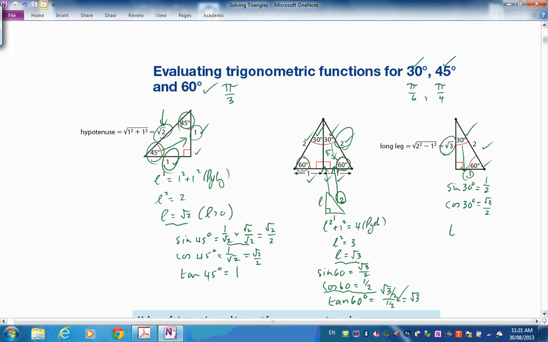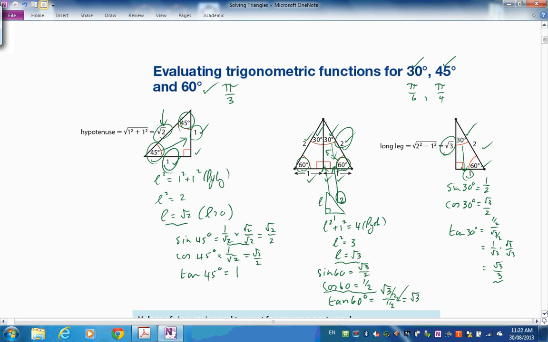So the tan of 30 is a half over root 3 over 2, invert and multiply, be 1 on root 3. Or we could multiply top and bottom by root 3 to get the simplest surd form, root 3 over 3. Okay, so these you're supposed to remember.